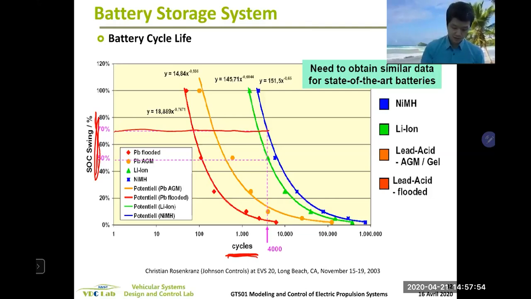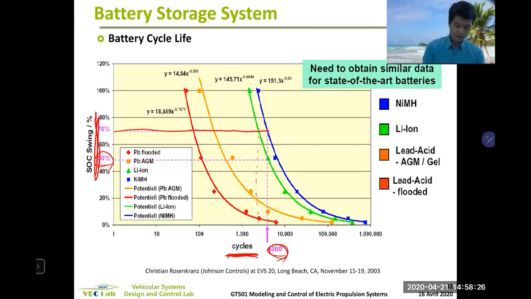Then you get about 4,000 cycles, okay, in theory. And then if you use 50% every day, then you would get 4,000 cycles.